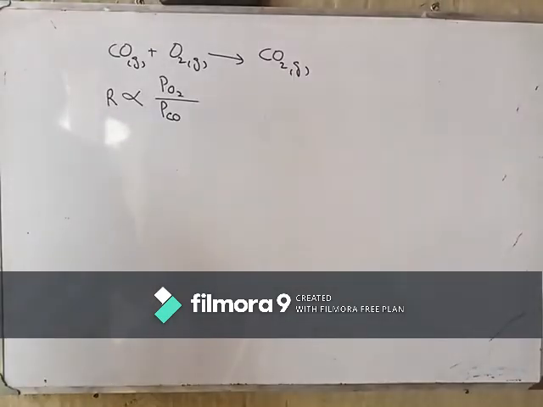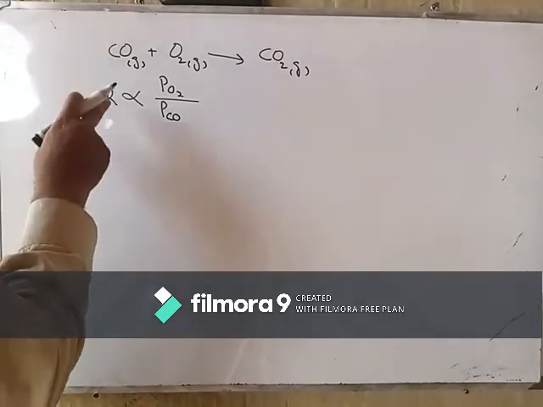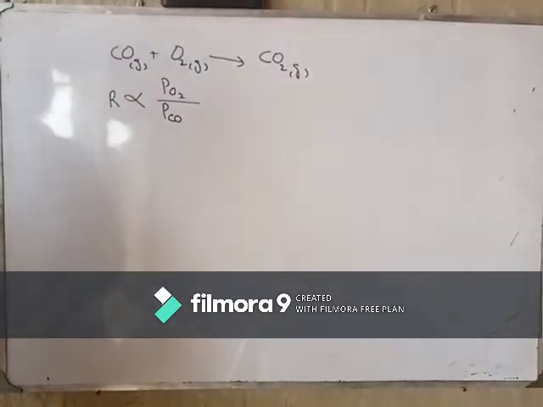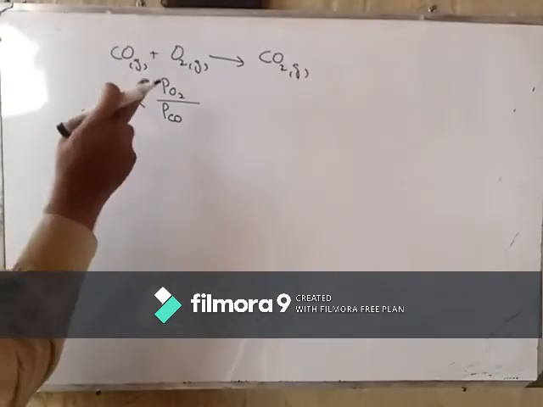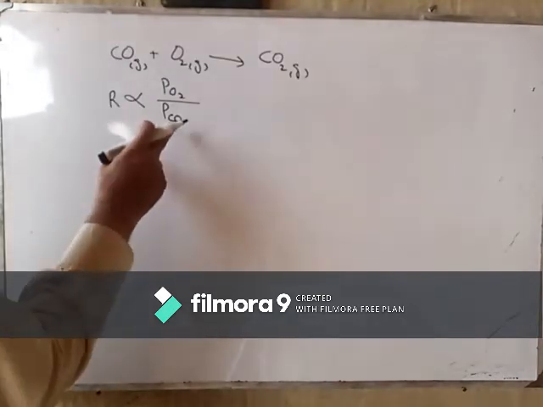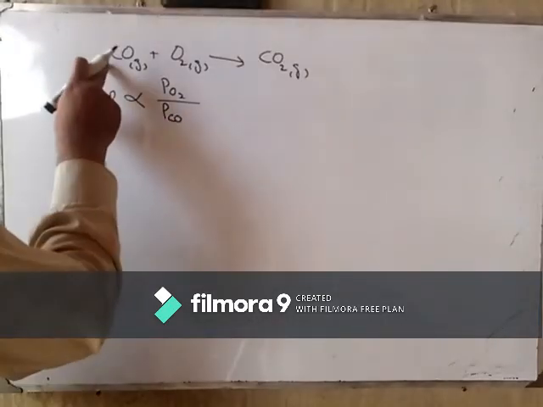It has been proved experimentally that the rate of reaction is proportional to the pressure of oxygen while it is inversely proportional to the pressure of carbon monoxide for this reaction.